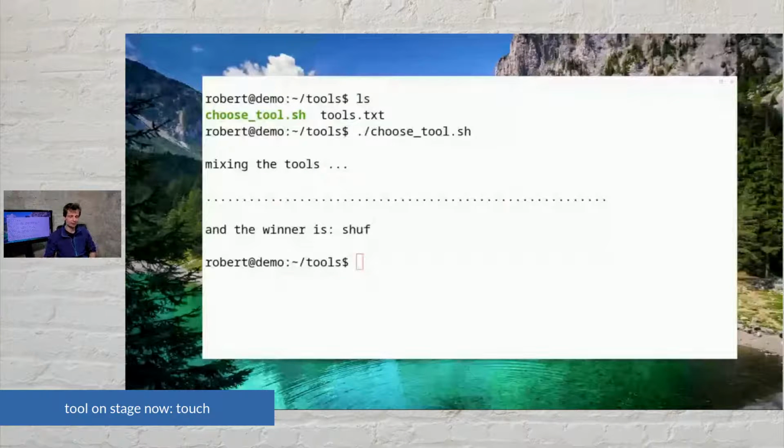The modification time of a file shows you when the content of the file, these 20 bytes, all the names within the file, has been changed or updated last.